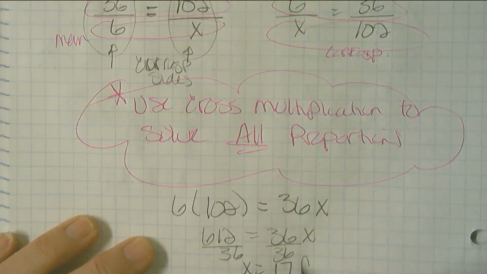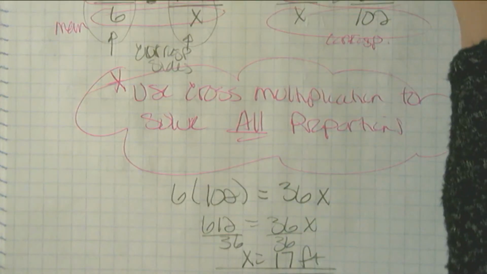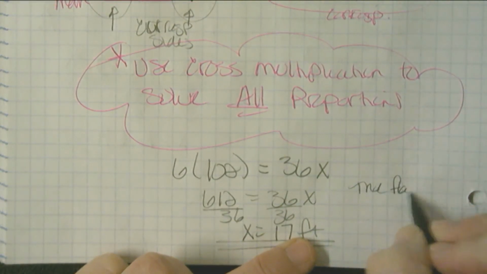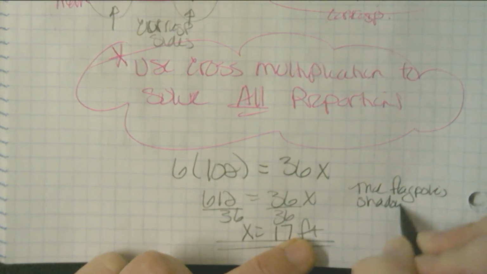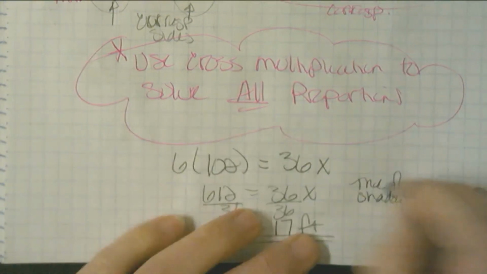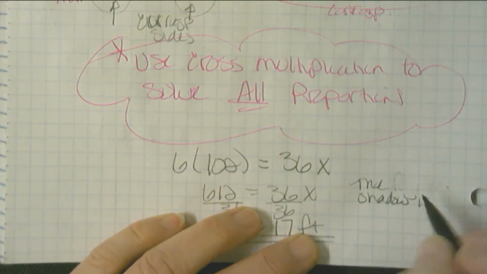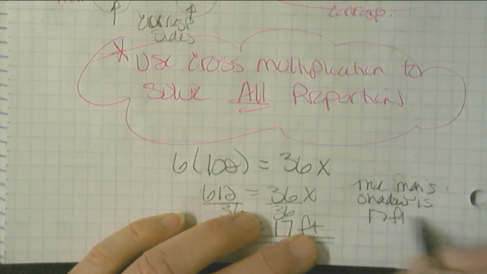So 17 feet. So I'd say the flagpole's shadow is, thank you. How about you raise your hand rather than just saying things out loud? The man's shadow is 17 feet long.